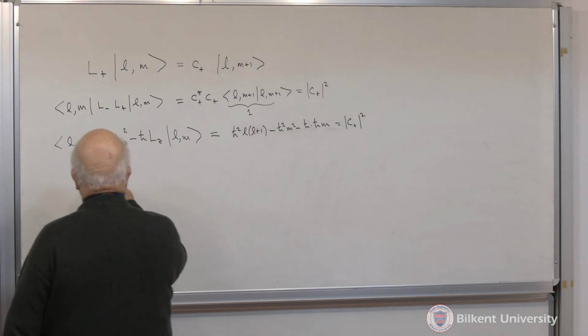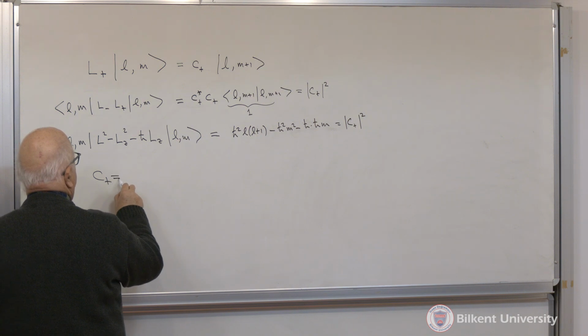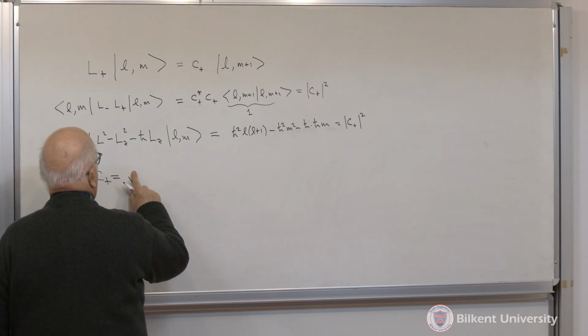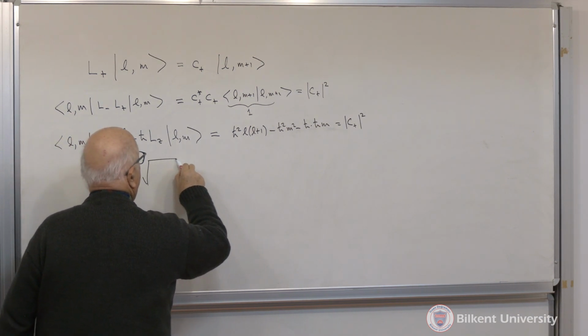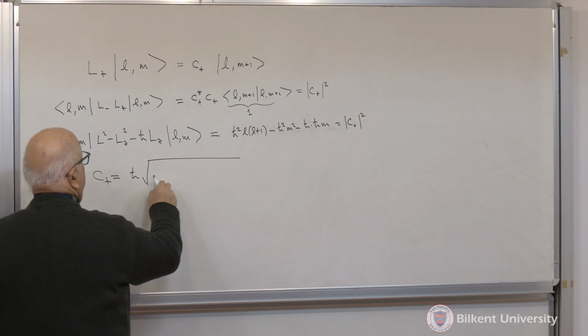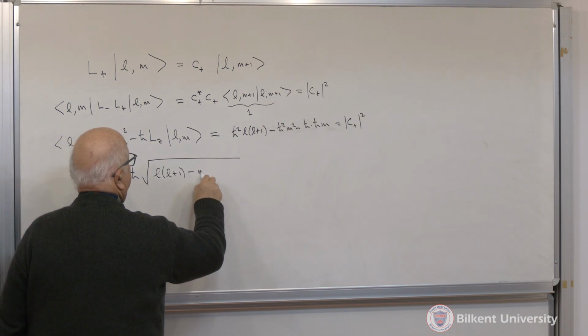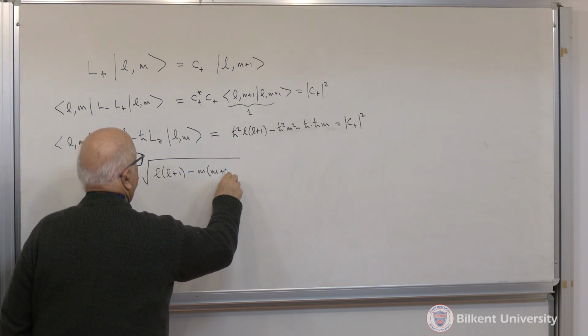So C plus is going to be equal to the square root of h bar, l(l+1) minus m(m+1).